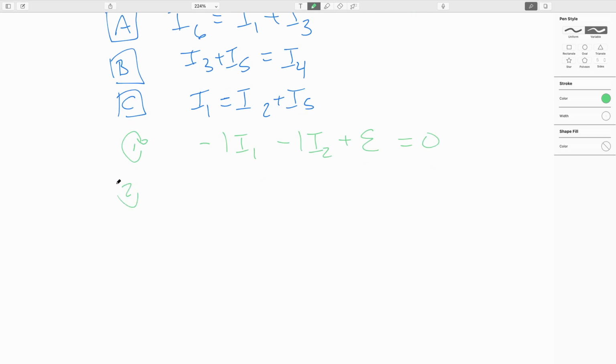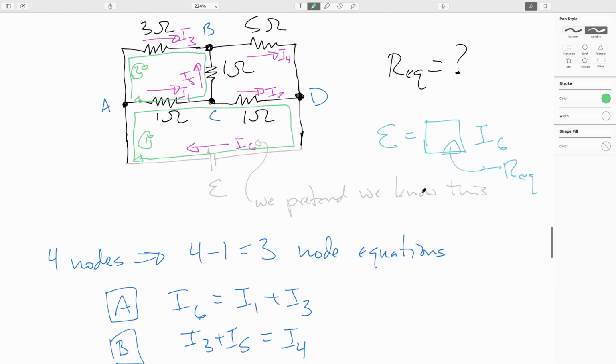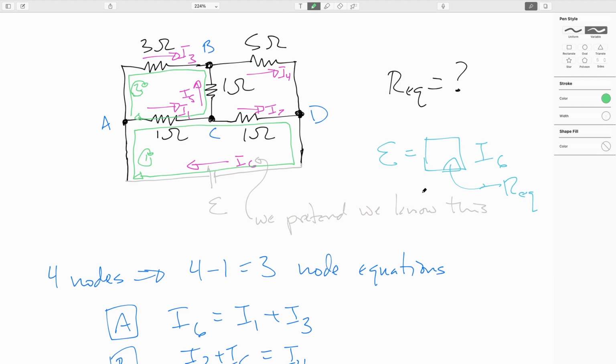So loop number 2 will give me minus 3I3 plus 1I5 minus 1I1 equals 0. Okay. Again, following the something old, something new rule, this will work. So there's my third loop right there.